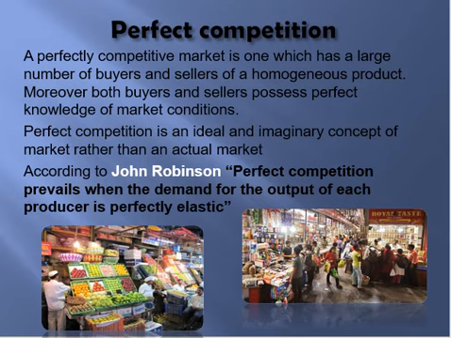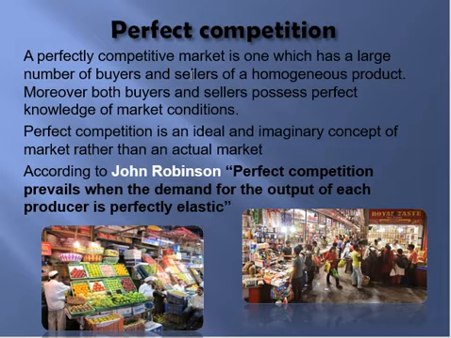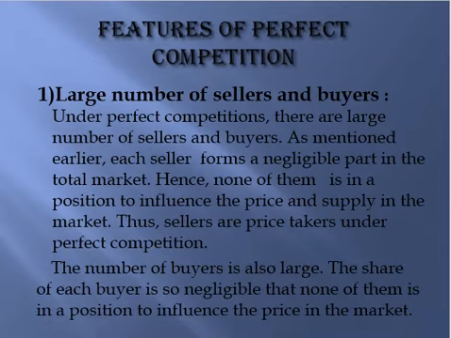So, let us move on to the features of perfect competition. The very first feature of perfect competition is large number of sellers and buyers. In our previous slide also, we have seen the very same word, that is large number of buyers and sellers. So let us take this as the very first feature of perfect competition.